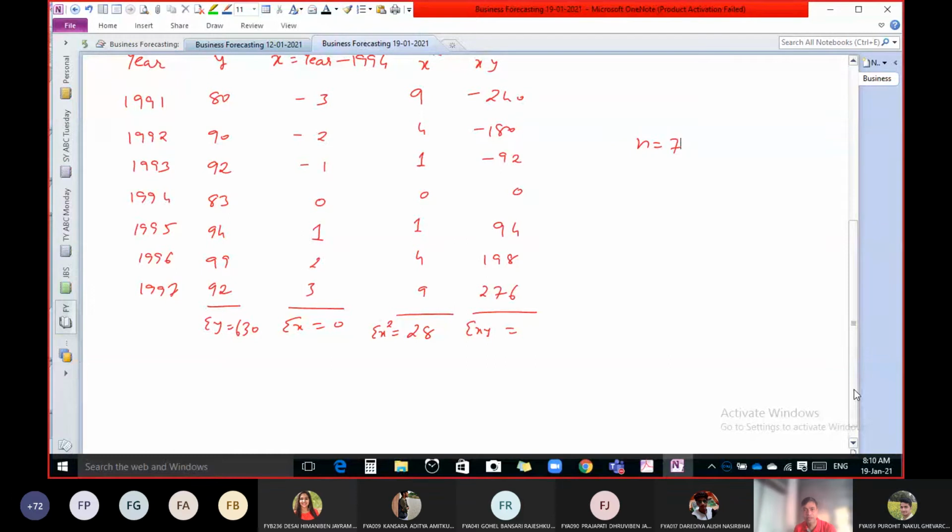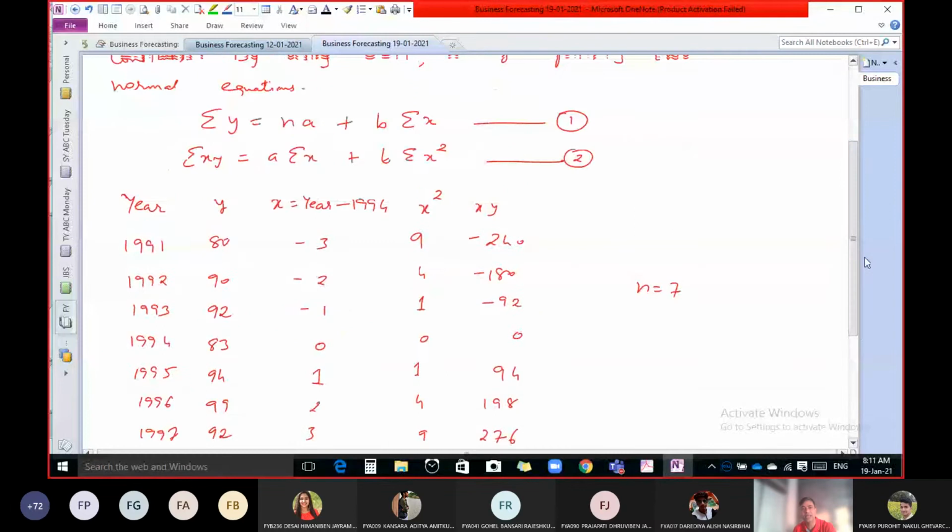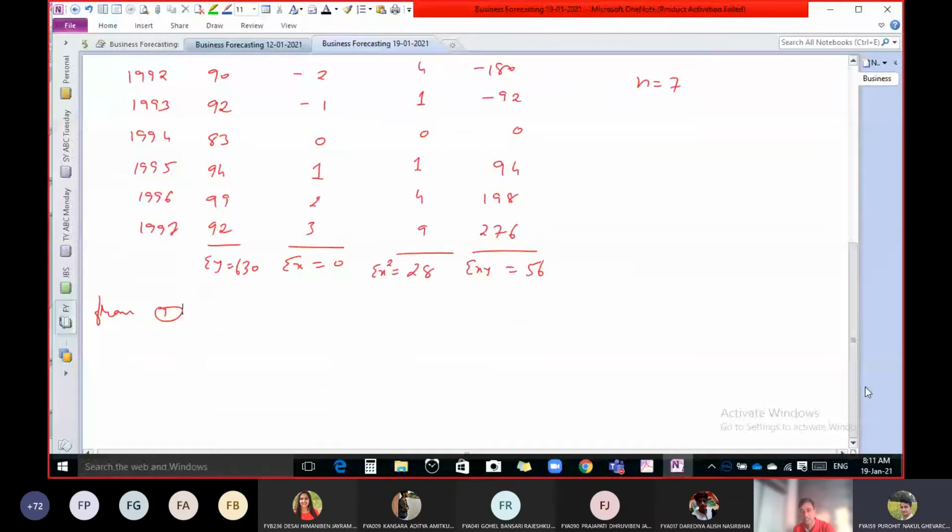And what is total of xy? 56. 56. Okay. Now from equation 1, just substitute values. Our equation 1 is sigma y equal to na plus b sigma x. Sigma y is 630.